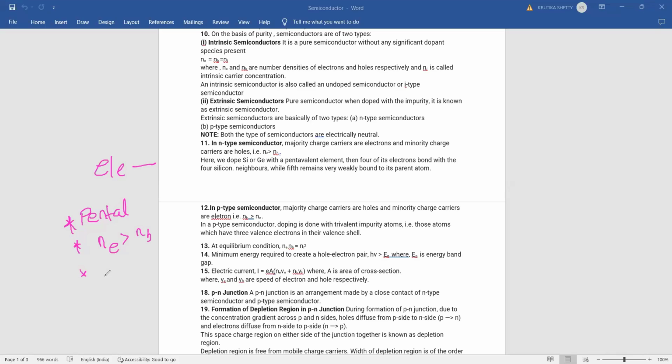Examples of pentavalent elements: arsenic is there. Aluminium is trivalent. See, N type, is it clear? If you understand N type, P type will be easy for you.